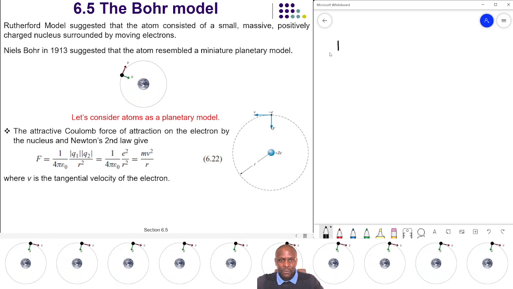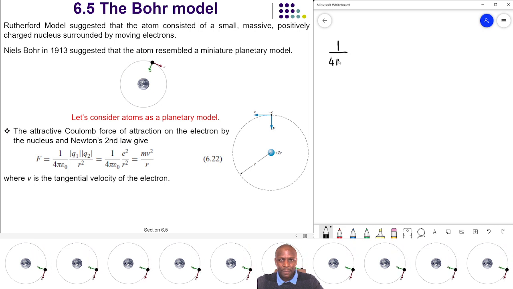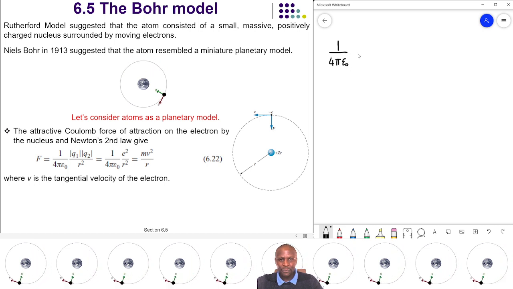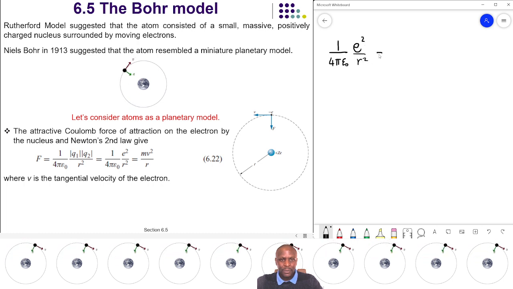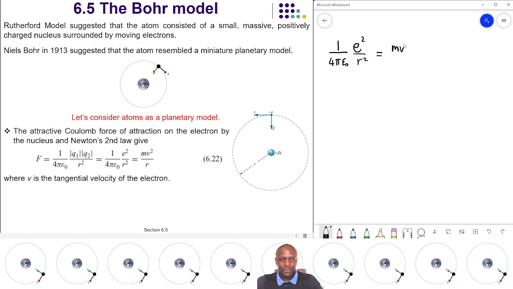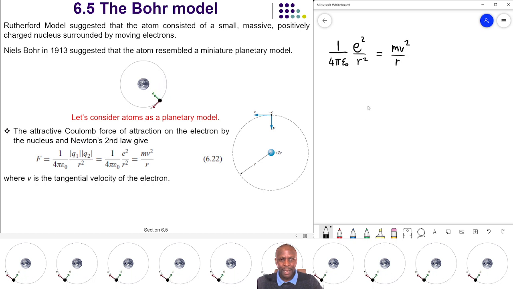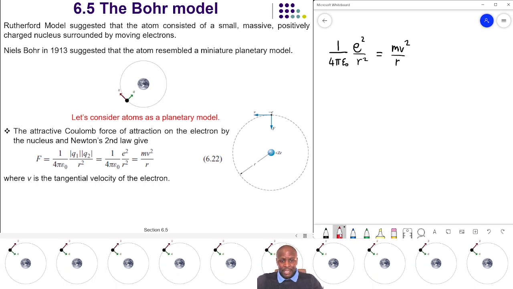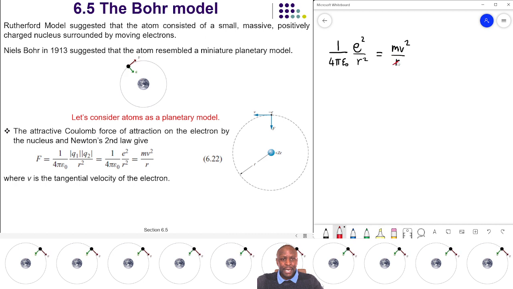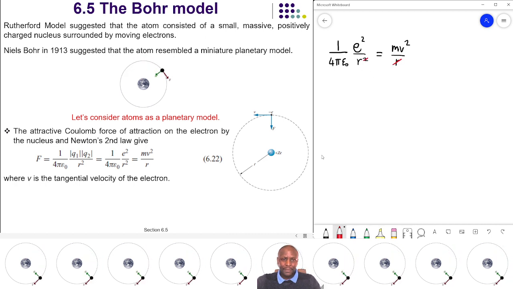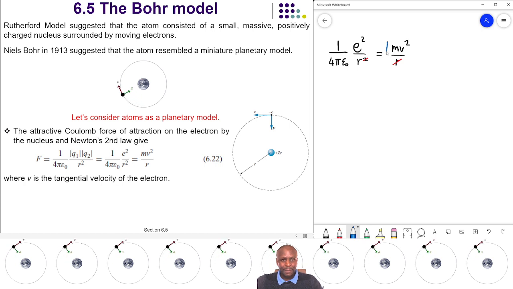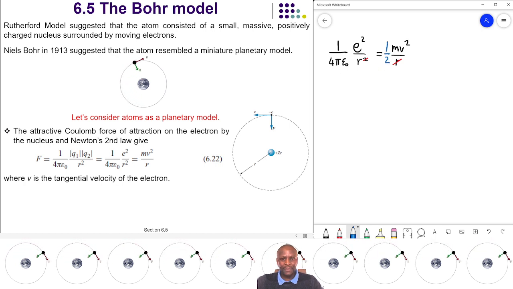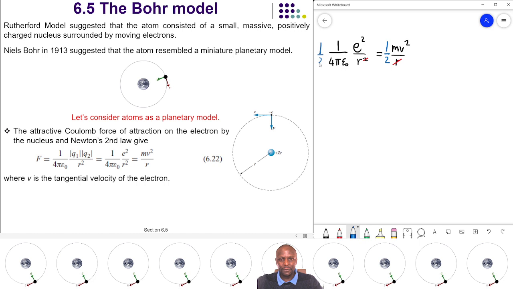So now, that force is 1 over 4 pi epsilon naught e squared divided by r squared, which equals the centripetal force mv squared divided by r. In this case, I think you will agree with me that one r will cancel. Now I want to multiply this side by a factor of half, and I multiply by a factor of half this side.